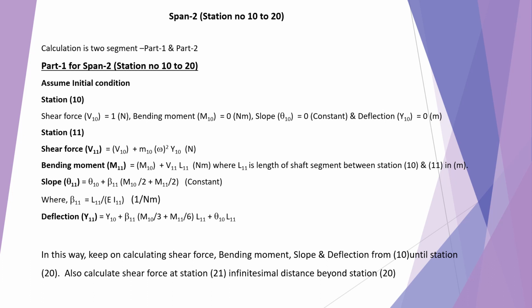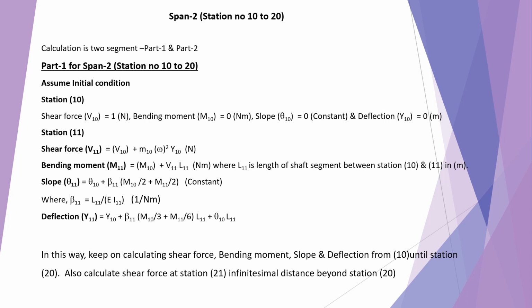and bending moment M11 is M10 plus V11 into L11. Slope theta 11 is theta 10 plus beta 11 into bracket start M10 by 2 plus M11 by 2 bracket close. Beta 11 is equal to L11 upon EI11.